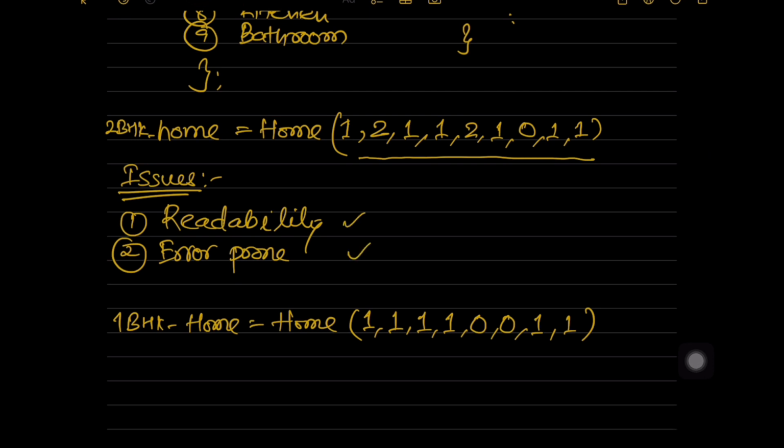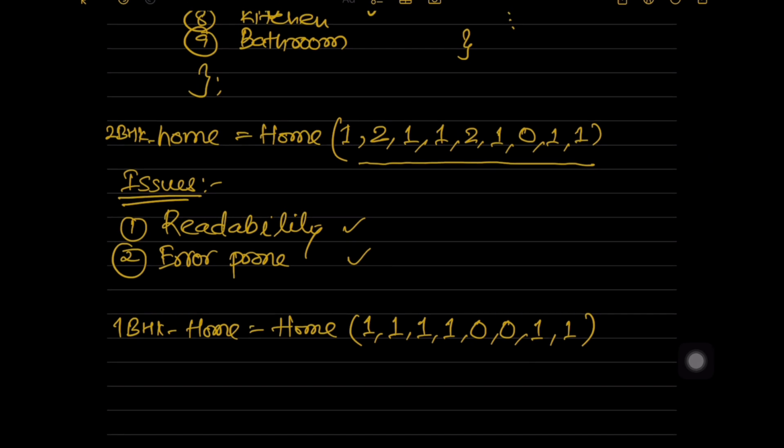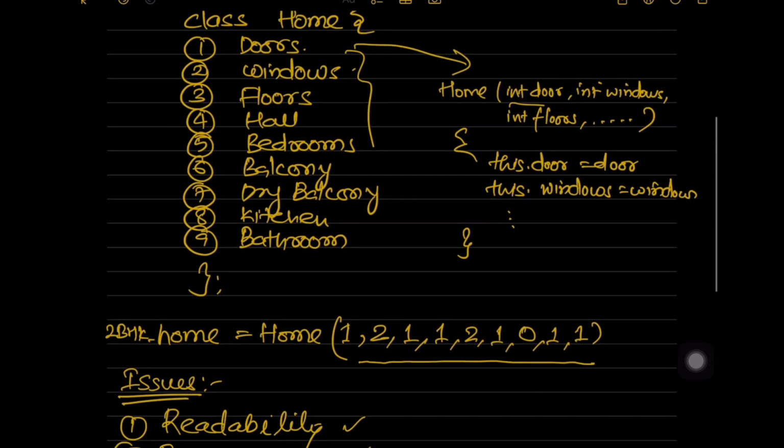Now if you want to validate this, say in this constructor, before setting this.door, we want to check there should be at least one door for the room, so if door is greater than or equal to 1, only then set this, else we can raise an exception. If we are doing such validations for each and every field, can you see how big the constructor becomes?